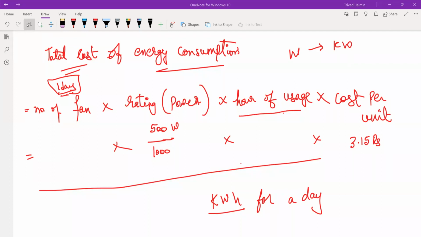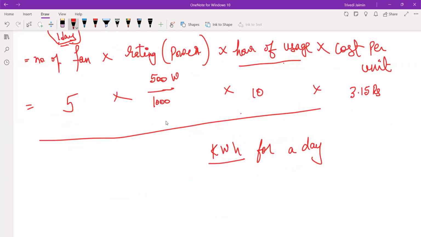So, done everyone? So it depends how many numbers of fans, like suppose 5, 10 hours of usage, and multiply all those things. Nothing big here. 5 fives are 25 into 3.15 will give you total cost for 1 day.